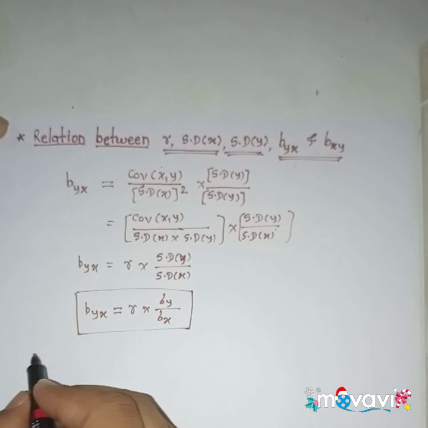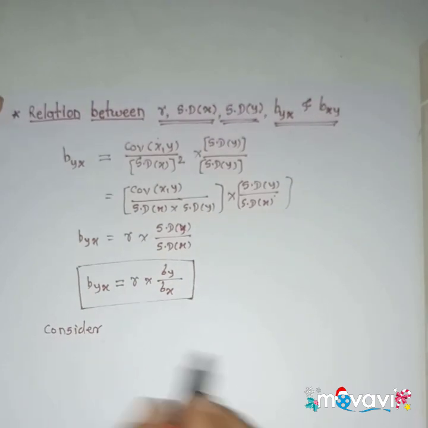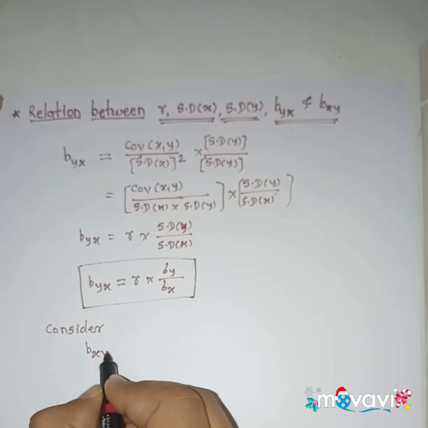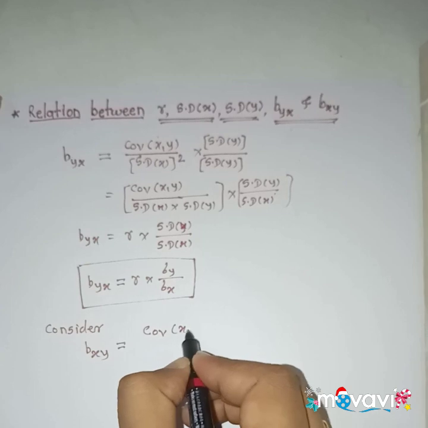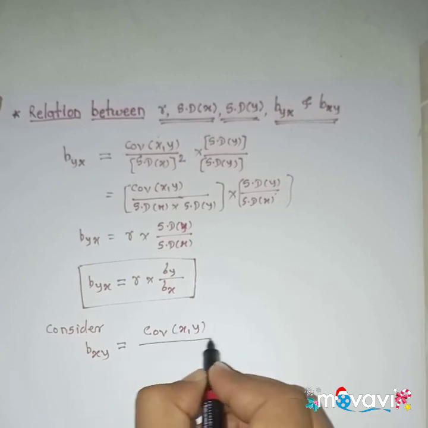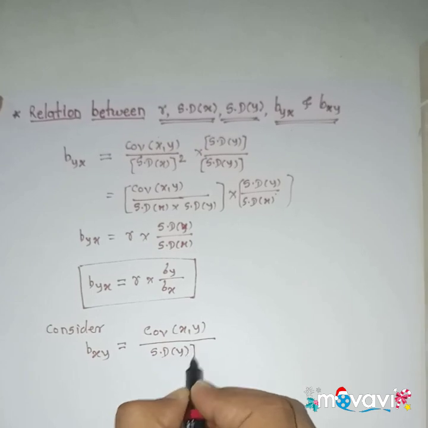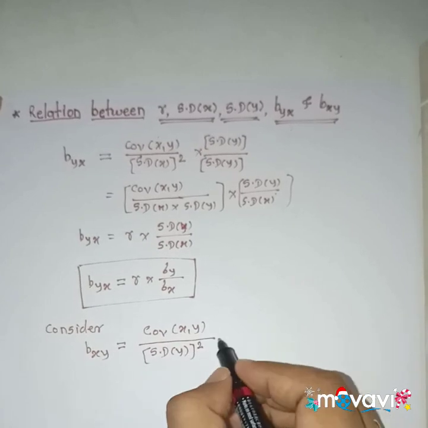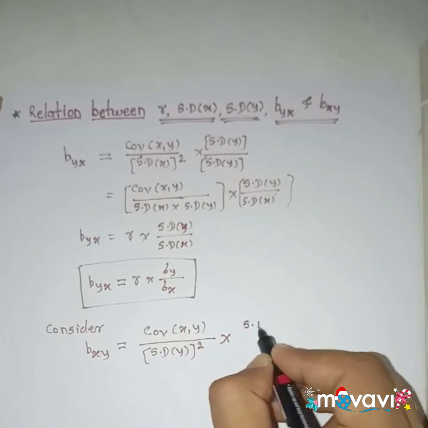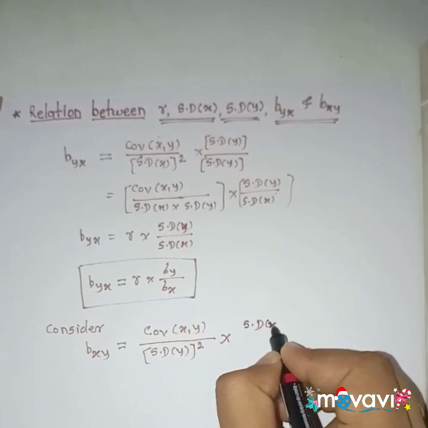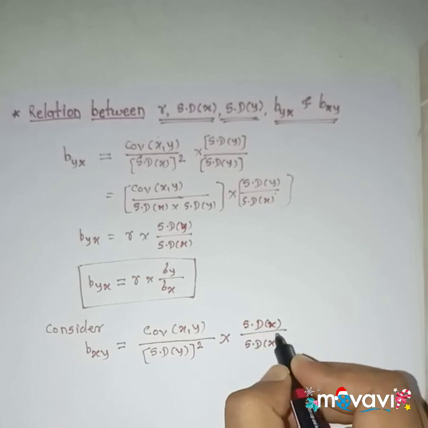Similarly, consider Bxy, and we know that Bxy is covariance of xy upon standard deviation of y bracket square. We multiply this quantity by standard deviation of x and divide this quantity by standard deviation of x.